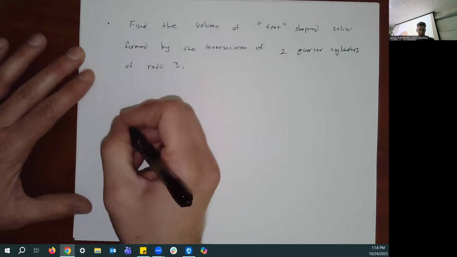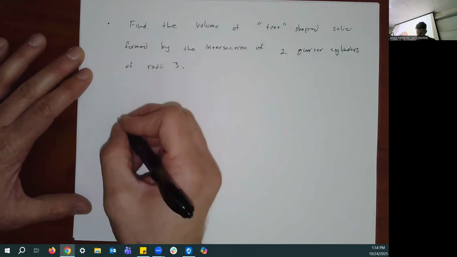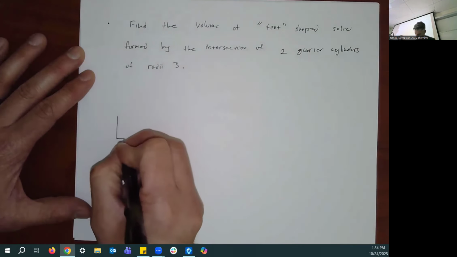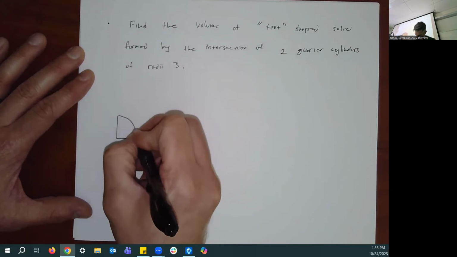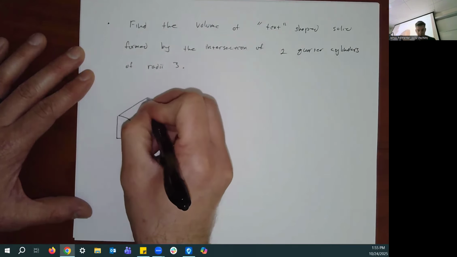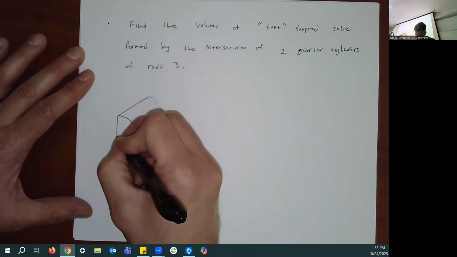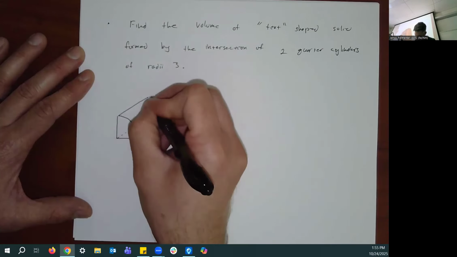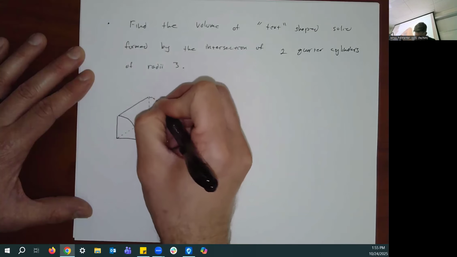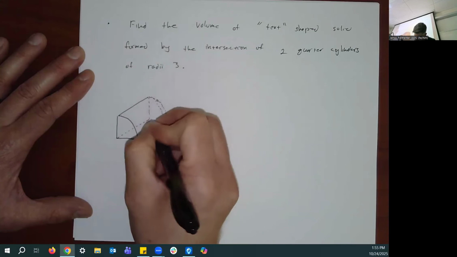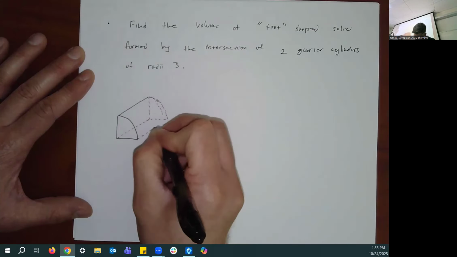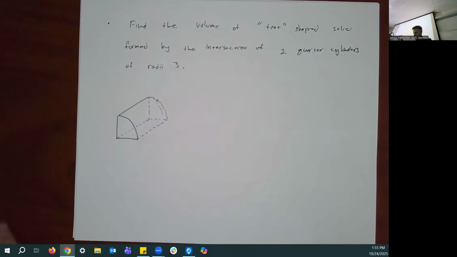So you've got, let me see if I can draw this somewhat decently, one of your quarters of a cylinder. I'm going to draw this part dashed until I know what I want to fill in. This picture gets a little bit weird. So there's one quarter of a cylinder, and then I'm going to intersect it with another quarter of a cylinder going perpendicular to it.